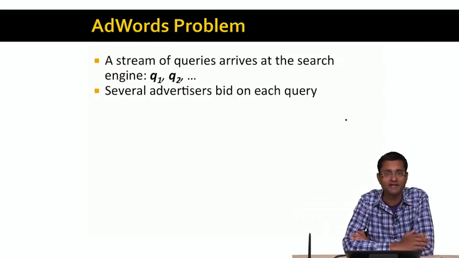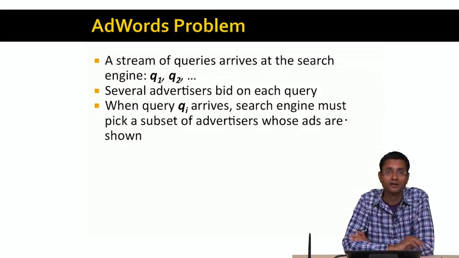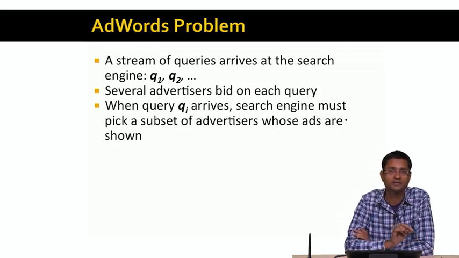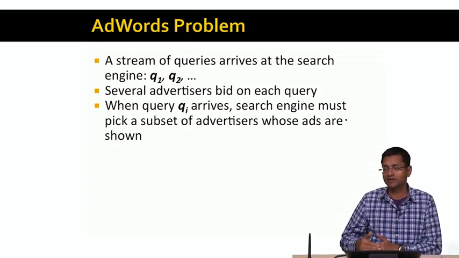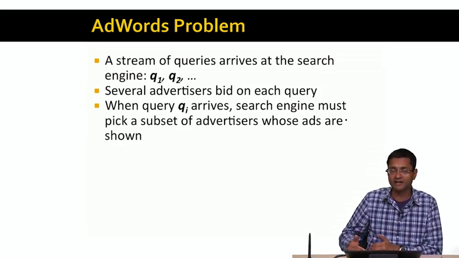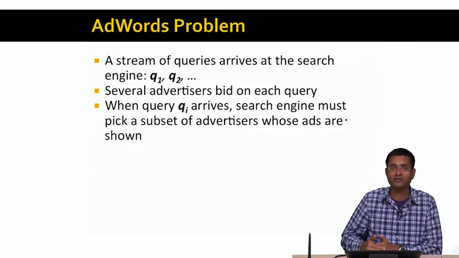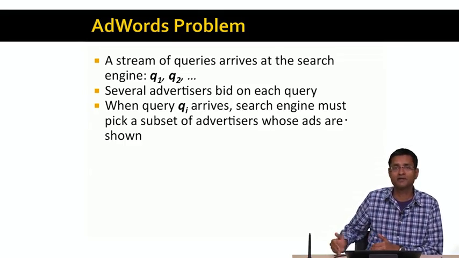Now, several advertisers have bid on each search query. When a query Qi arrives, the search engine must pick a subset of advertisers whose ads are shown. When you search, there's a number of advertisers who bid for that keyword. Now, there's usually a larger set of advertisers that have bid for a keyword than the search engine can show.